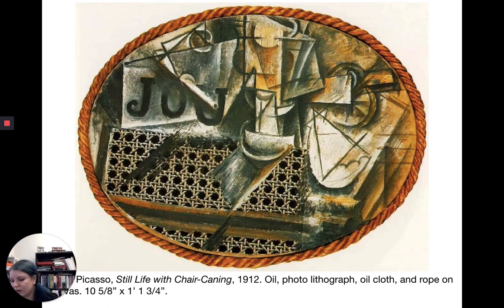Okay, so that was Analytical Cubism. Let's now talk about Synthetic Cubism. In a lot of ways it's an opposite approach to the same concept, to put it really simply. Instead of deconstructing a figure or an object by painting all the different pieces of it and flattening them out, so that's deconstruction, right?